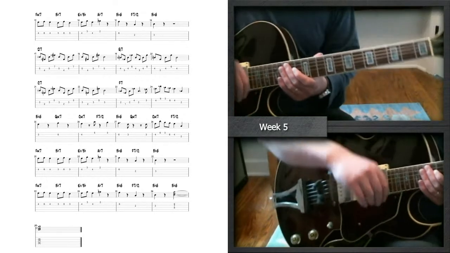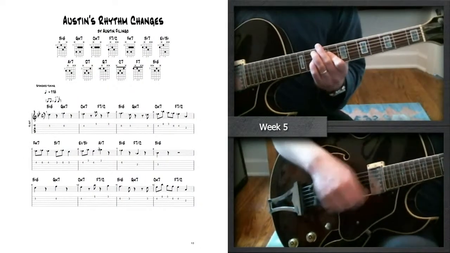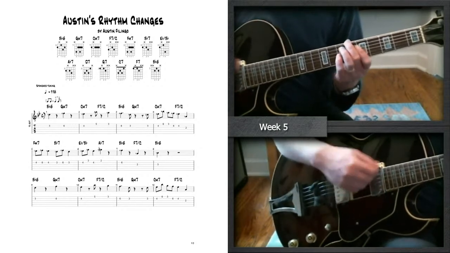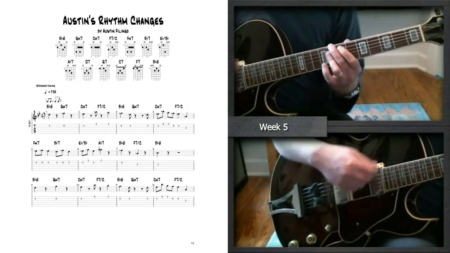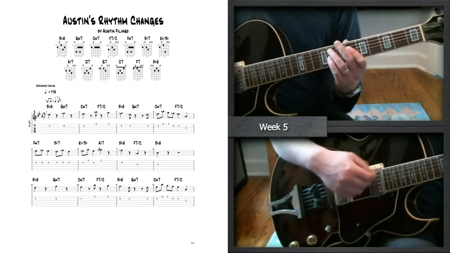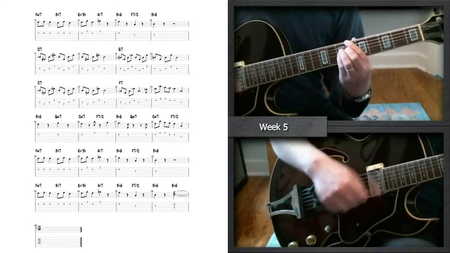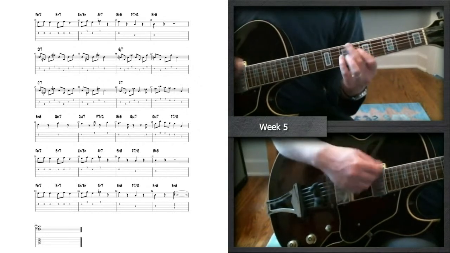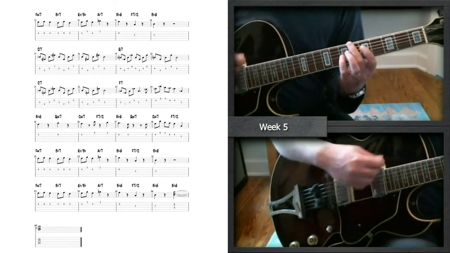So all together, let's say we're doing the second A into the B section. So we have 1, 2, 3, 4, right? E flat, 5 in the bass, flat 7, 1, 5, F7, 1.